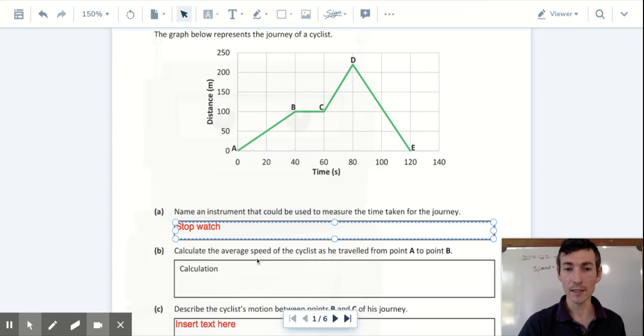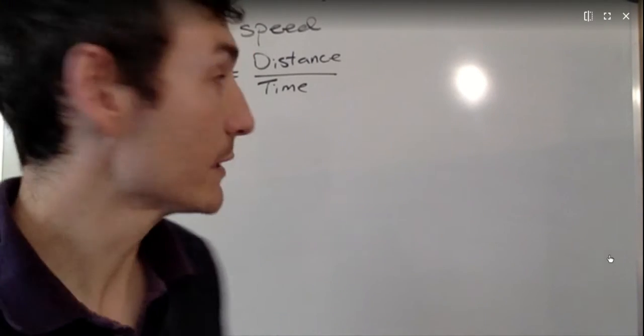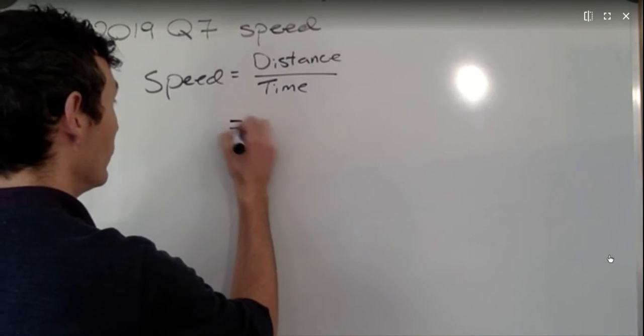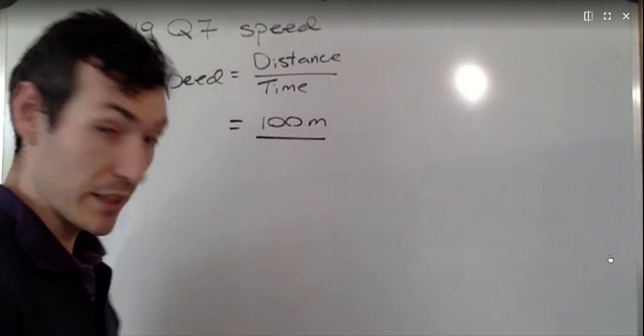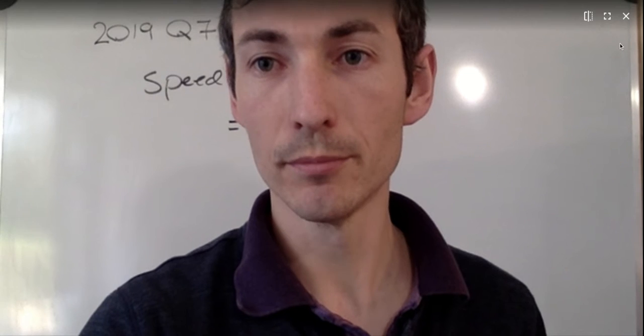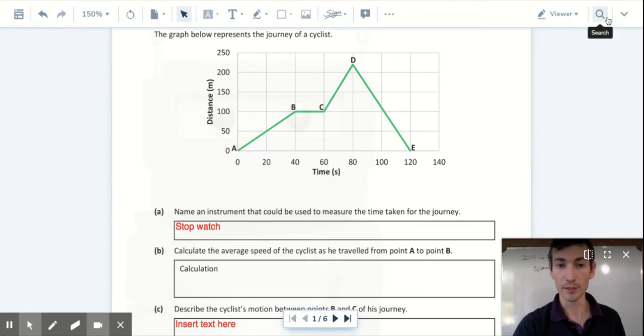Now we need to calculate the average speed of the cyclist as he travels from point A to point B. On this graph, point A is here, and we're looking for the distance. We just look on the y-axis, going from 0 meters to 100 meters. So our total distance for our cyclist is 100 meters. We need to divide that by the time it took the cyclist to travel 100 meters.